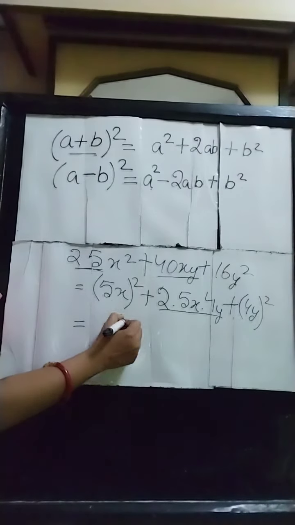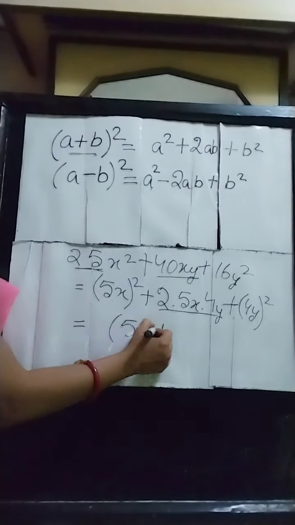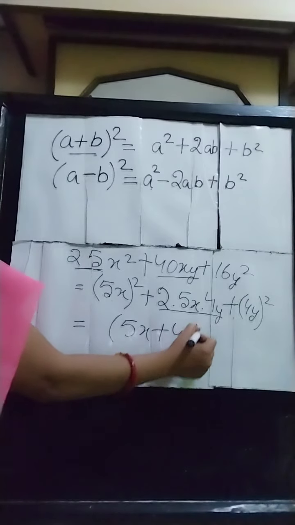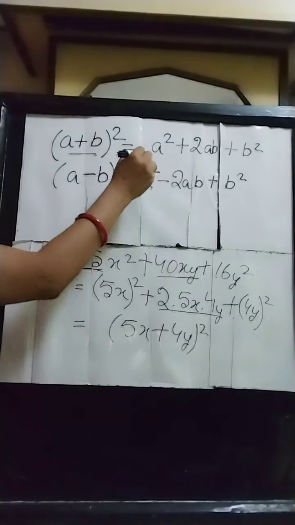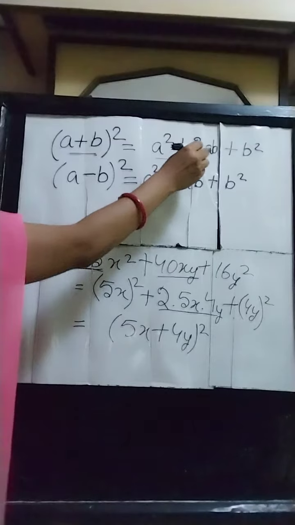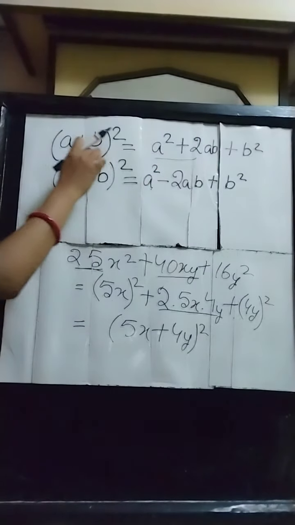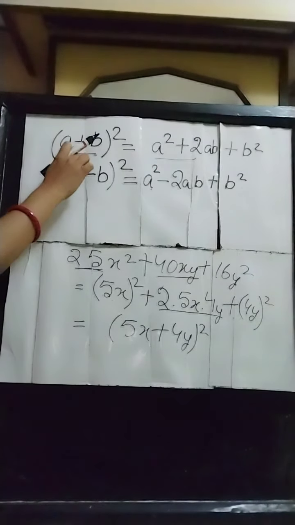So simply we will write (5x + 4y) whole square. So this result is the whole square of 5x and 4y. So you can understand how with back calculation we are coming from this to the initial line.